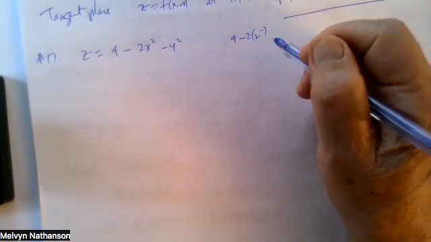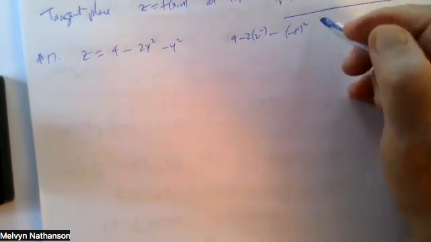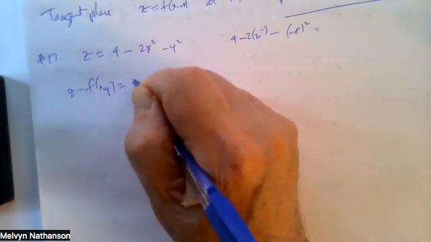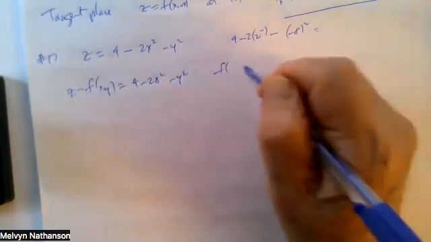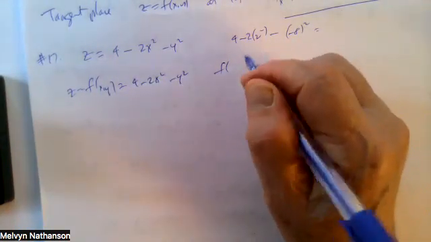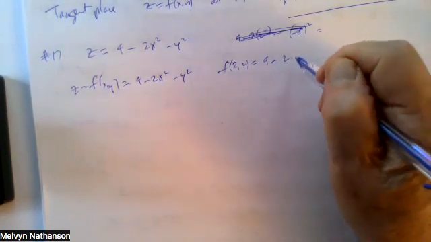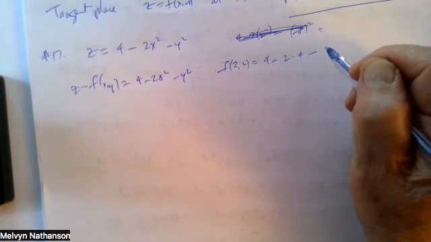So this is like I'm looking at the function z equals f of x, y, which is 4 minus 2x squared minus y squared. So f of 2, 2 is 4 minus 2 times 2 squared, minus y squared.